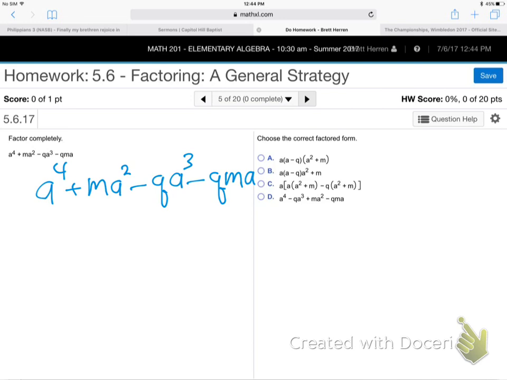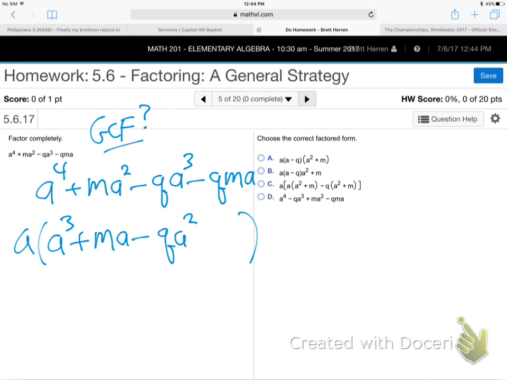Okay, first step. Is there a GCF? Yeah, that's the trick here. They all have an A, don't they? Every single one of them has an A. So you've got to put the A in the front, one big old parenthesis, leaves A to the 3rd plus MA minus QA squared minus QM.